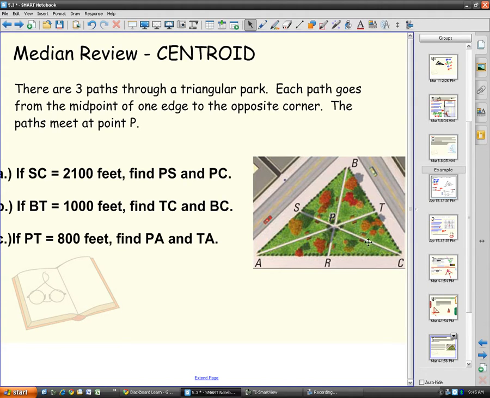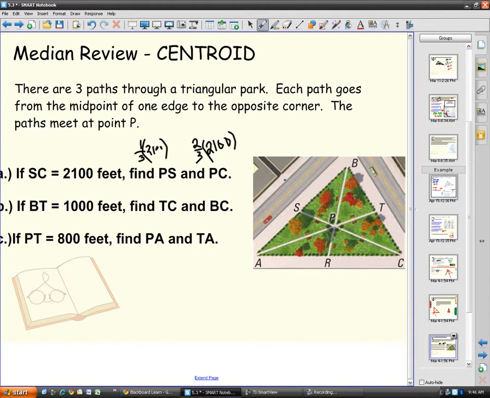So if I can take 1/3 of 210, that will give me PS. If I can take 2/3 of 210, that will give me PC. And basically 1/3 of this one, so for A, PS is 70, and this one would be 140.